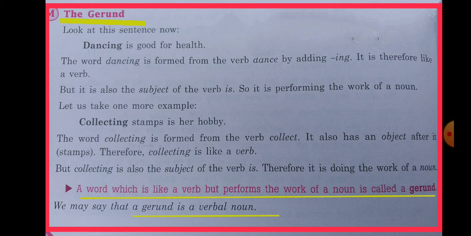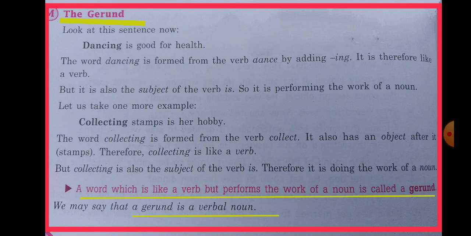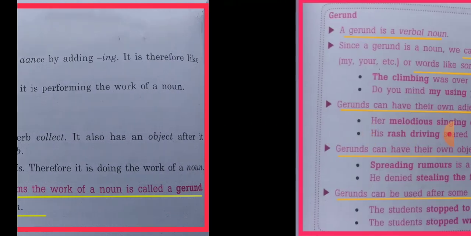It is a word which looks like a verb but performs the work of a noun. So a word which is like a verb but performs the work of a noun is called a gerund, or we can say that a gerund is a verbal noun.